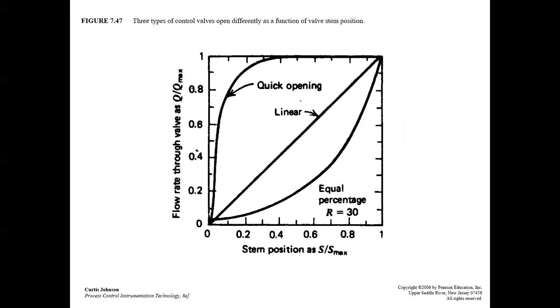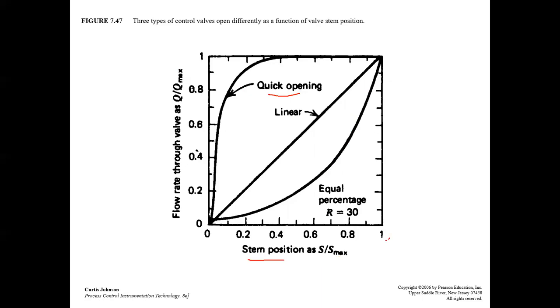The control valve characteristic can be classified into 3 types. The first type is the quick opening one, which is this one. In this curve, the x-axis is the stem position, which is normalized as S over S max. This is the stem position divided by the stem maximum position.